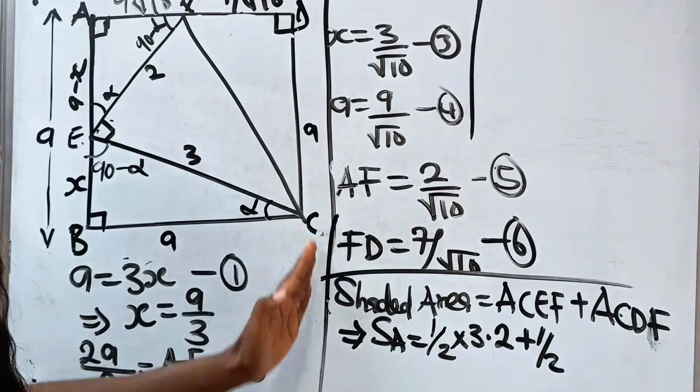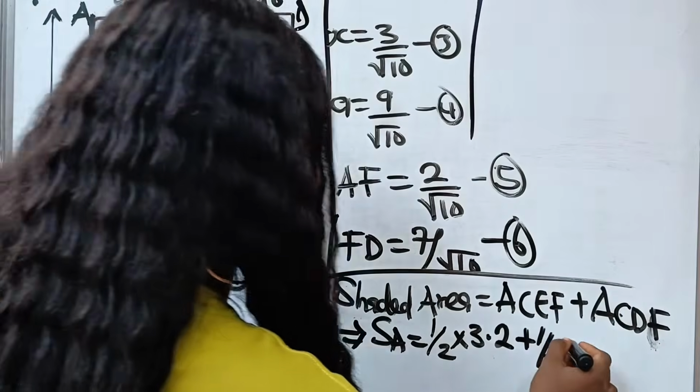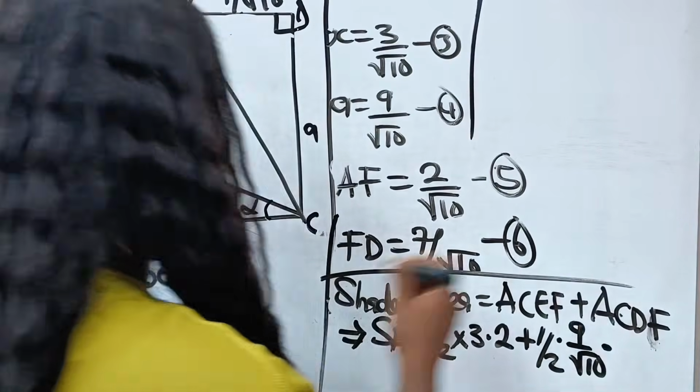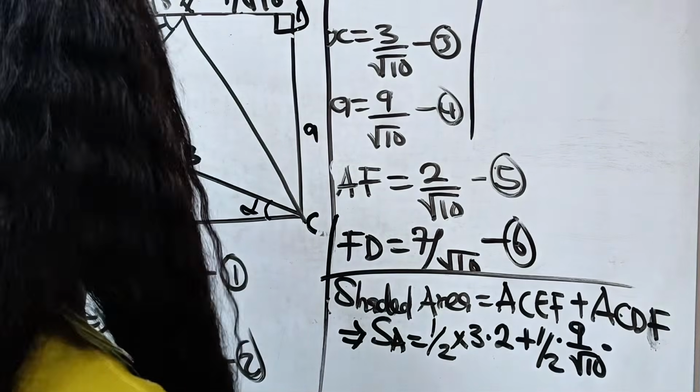If we take this as our base, which is A, and remember that A is 9 over root 10, multiplied by the height, which should be FD, which is 7 over root 10.